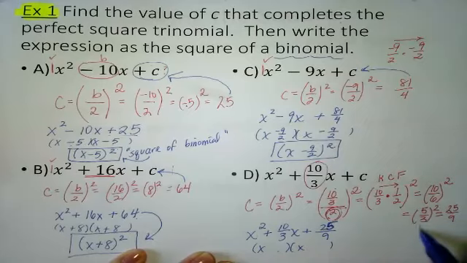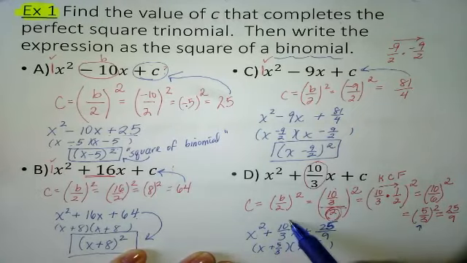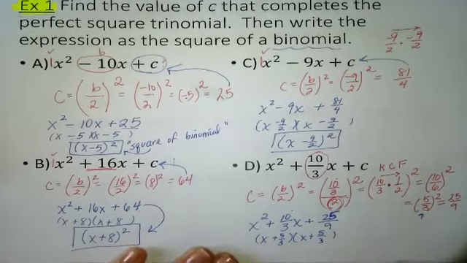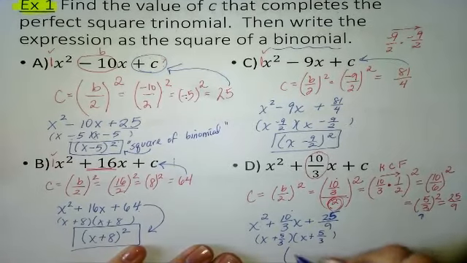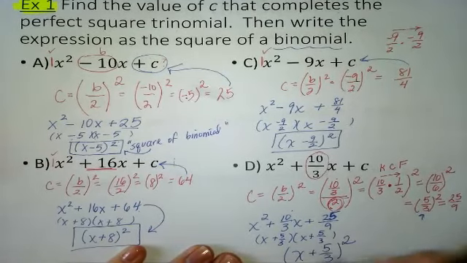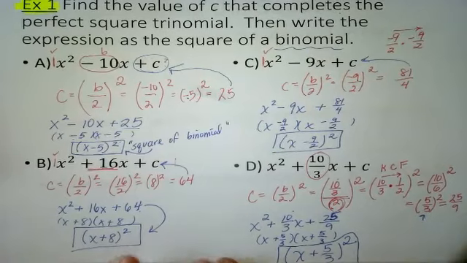There it is, right there. It's positive 5 thirds, and a positive 5 thirds gives me 25 ninths. When you do the rainbow, you're going to get the middle term. 5 thirds and 5 thirds is 10 thirds. And then the binomial square would be x plus 5 thirds quantity squared.